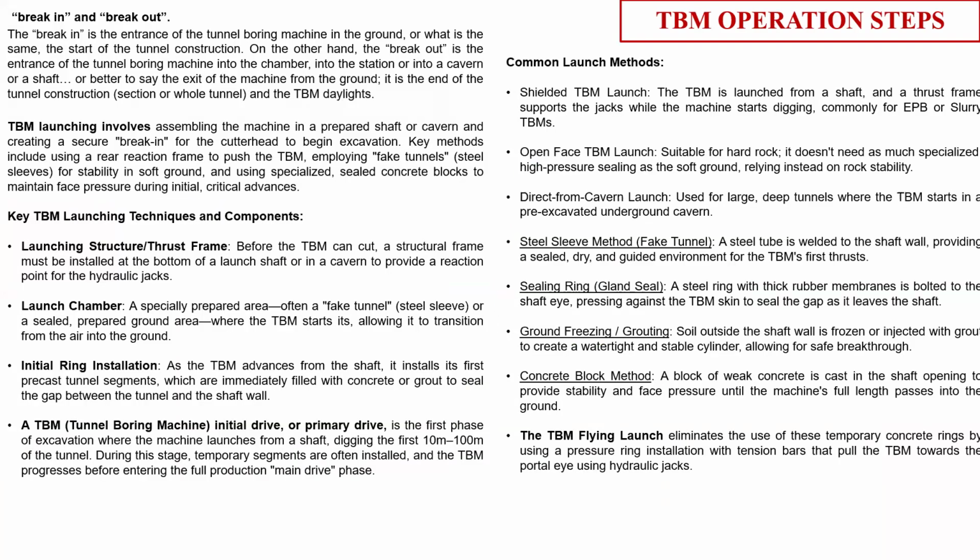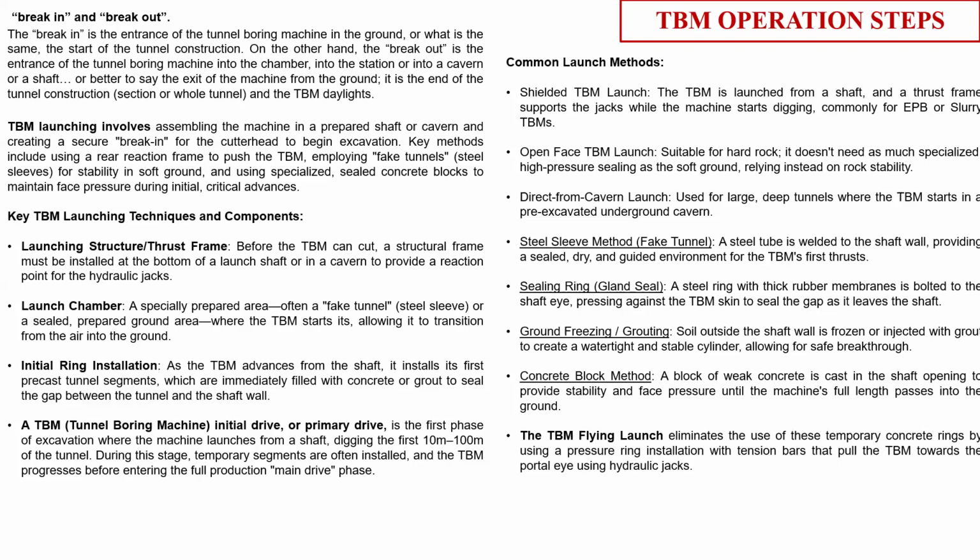And sometimes if the ground is not very competent, or if you have very soft ground when the TBM is trying to break the ground, we do some ground treatment also. Either we do some slurry wall behind my TBM eye, or sometimes some grouting operation. Sometimes we do ground freezing operation.